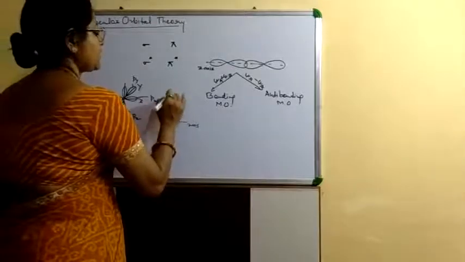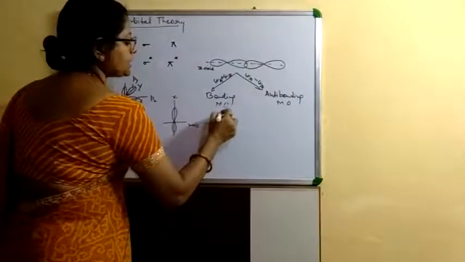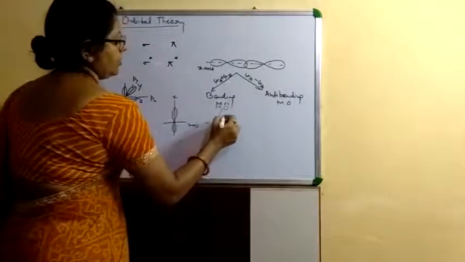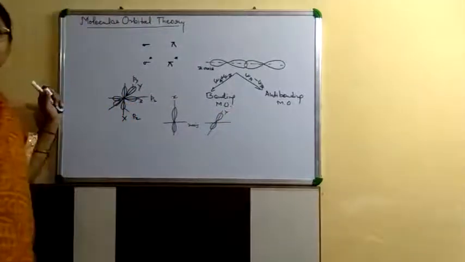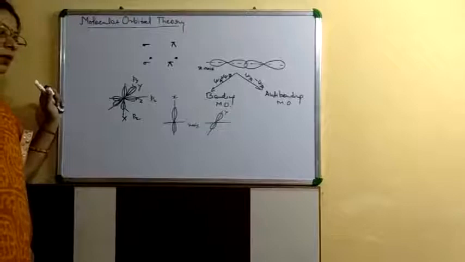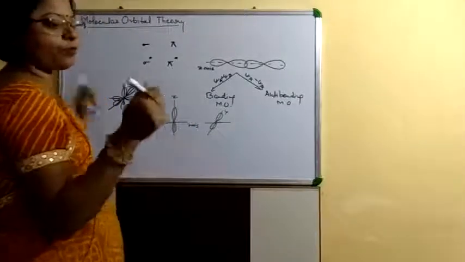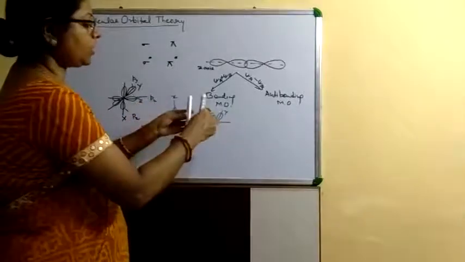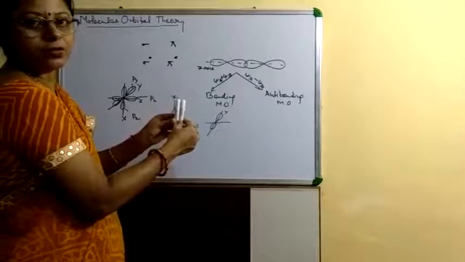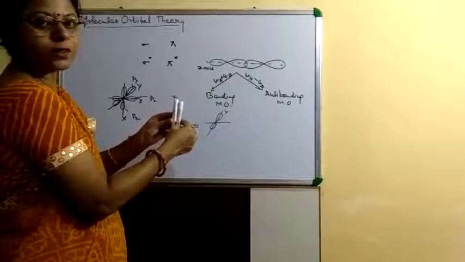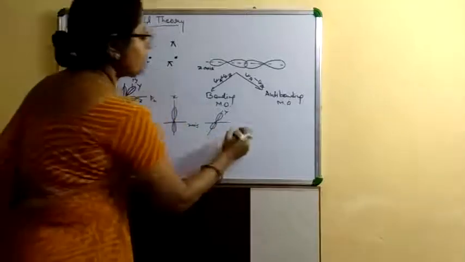When the px orbitals approach each other and form the bond, the overlapping takes place sidewise, or lateral overlapping. In that case, the bonds formed are known as pi bonds.